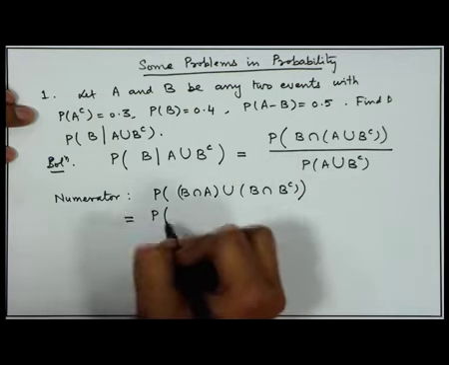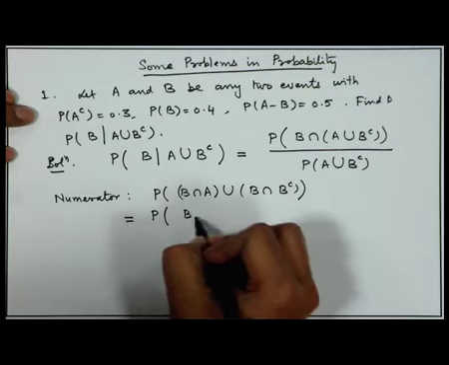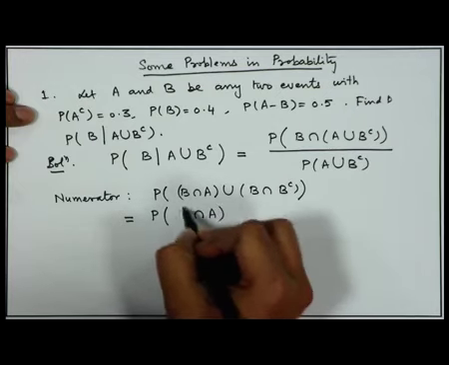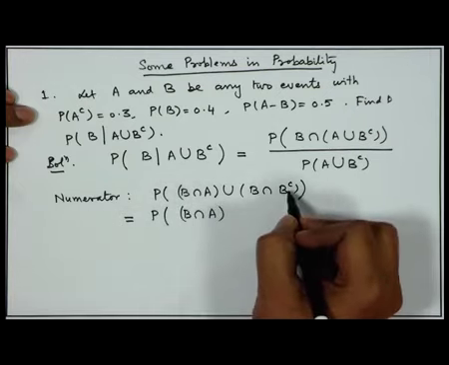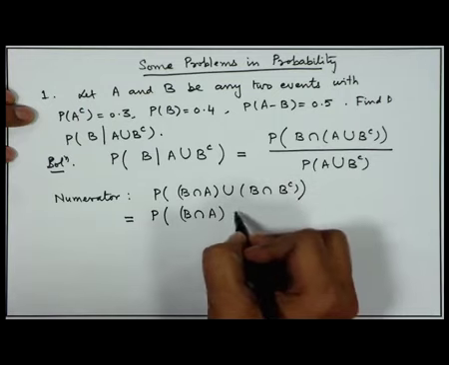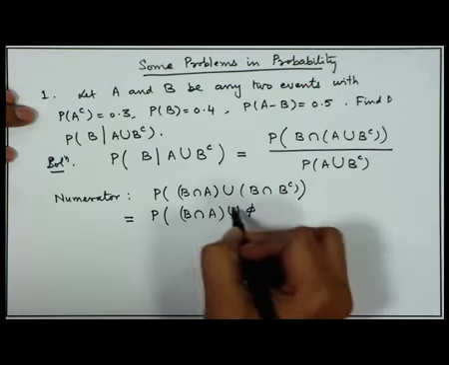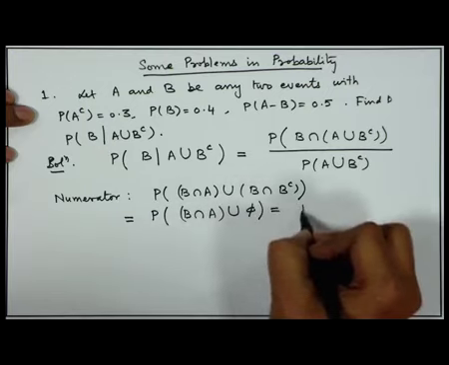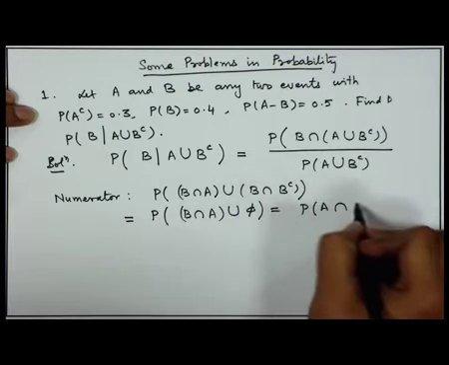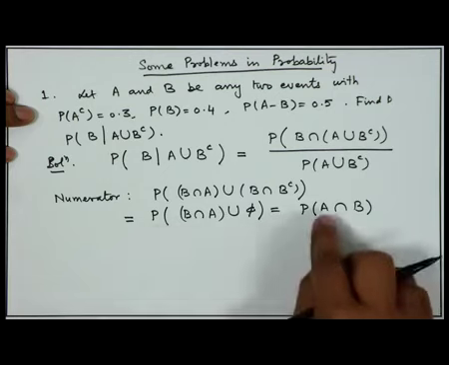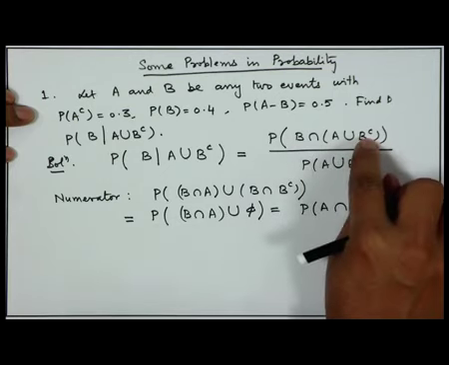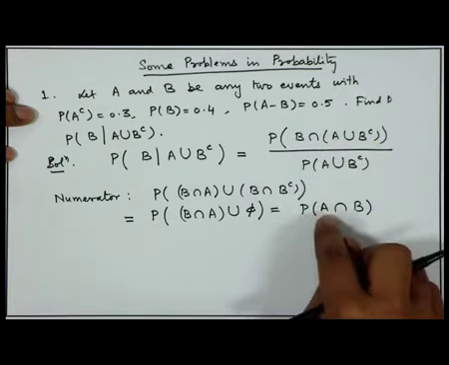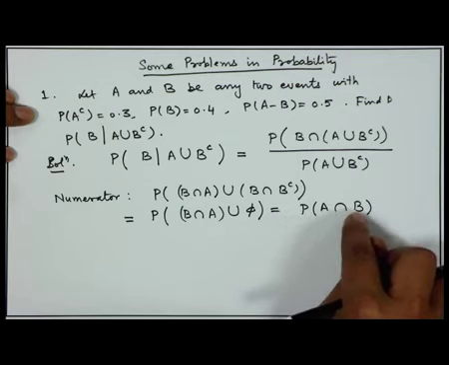We get it as B intersection A. Now, B intersection B complement is nothing but the empty set, so we have this union phi. So, it is nothing but probability of A intersection B. That means the numerator probability is equivalent to probability of A intersection B.